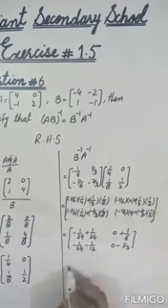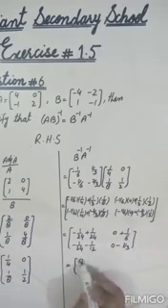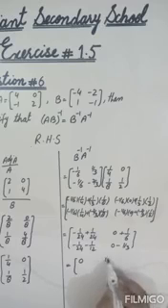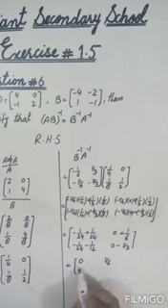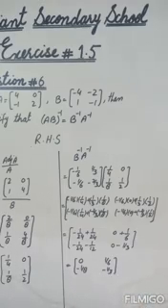And by taking the LCM, by simplifying, our answer is equal to 0, 1 by 6, minus 1 by 8, minus 1 by 3. This is the answer of right hand side, which is equal to B inverse A inverse.